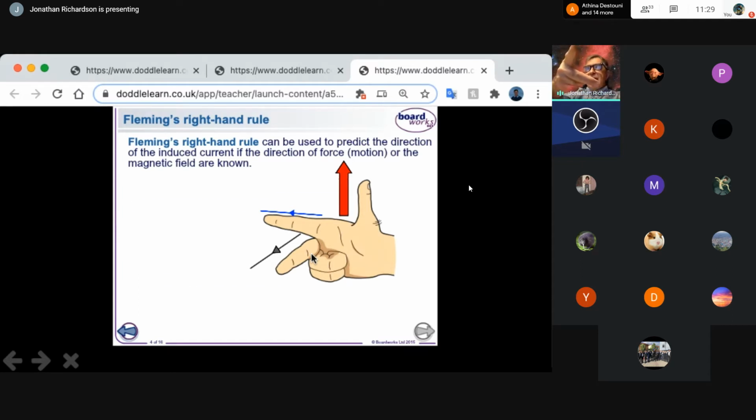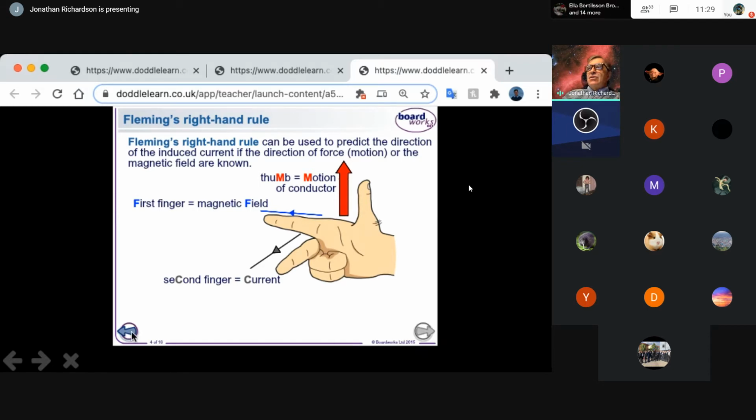So here we have the magnetic field represented by the first finger. The second finger represents the current, and that will result in a motion vertically.